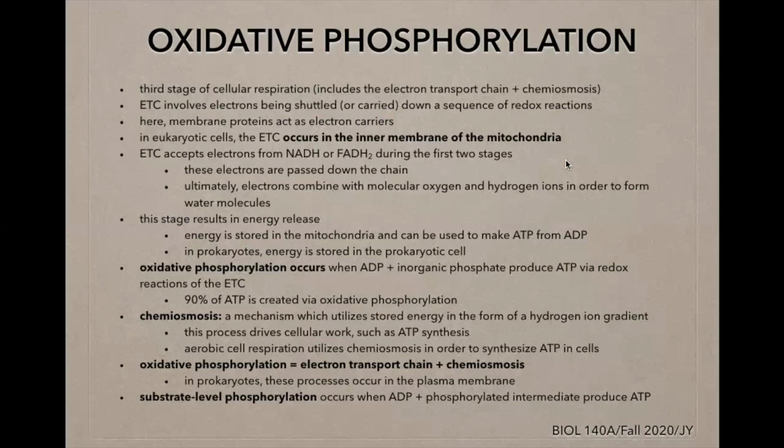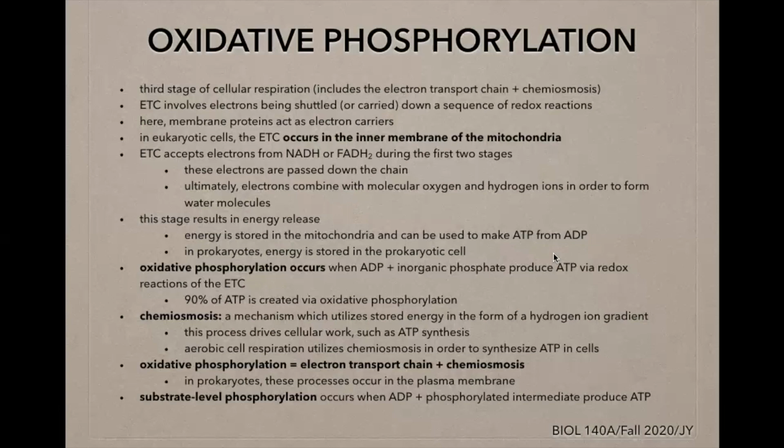And so the electron transport chain is a stage which results in energy release, but it is initially in the form of ADP. So in eukaryotes, energy is stored in the mitochondria, as you already may know, but energy in the form of ADP, also known as adenosine diphosphate, needs to be reacted in a certain way in order to form ATP.